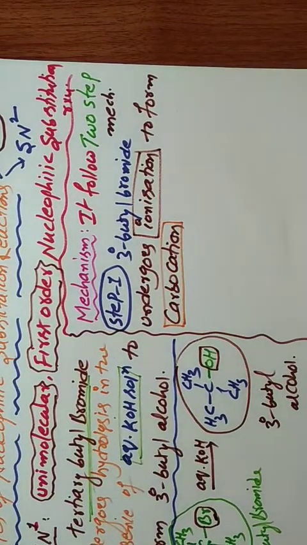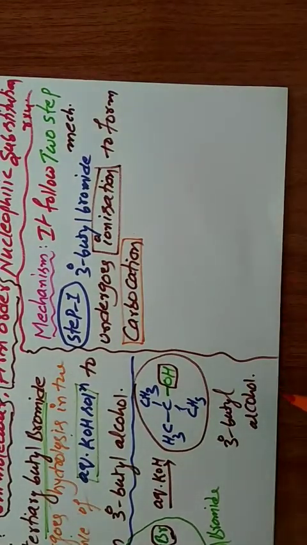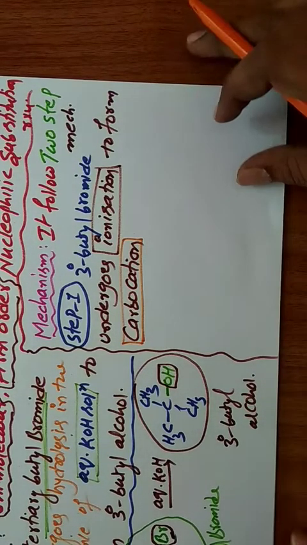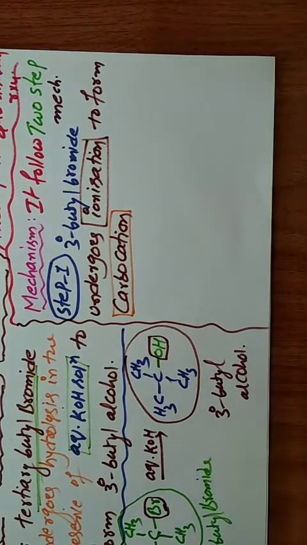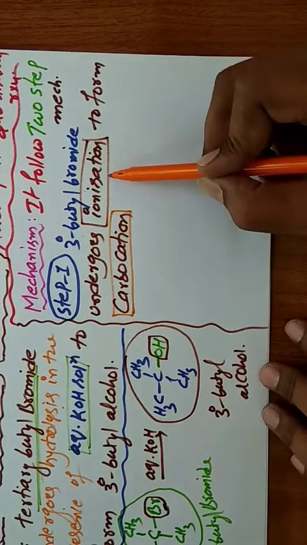Carbocation is formed. So in the test tube, we are taking tertiary butyl bromide and aqueous KOH solution. Both solutions are taken in the test tube. In that test tube, what is the first step? Tertiary butyl bromide undergoes ionization.